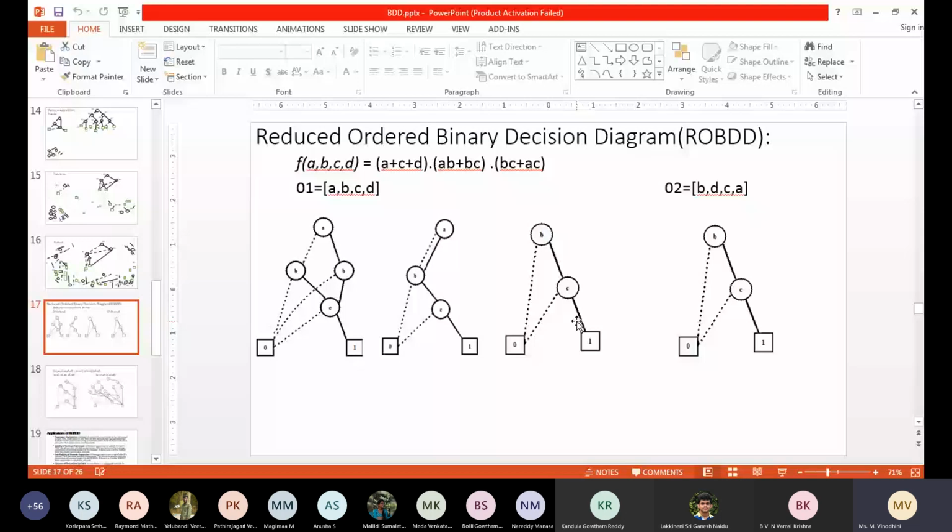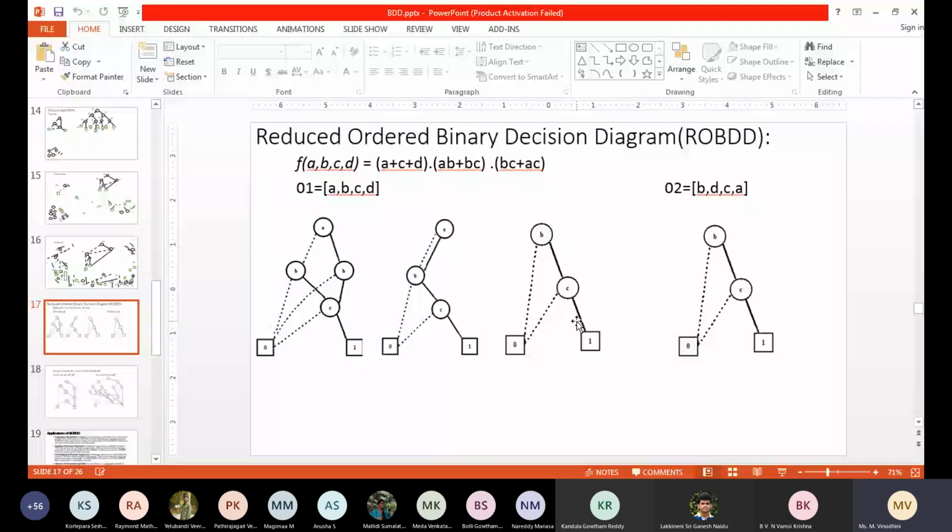Ordered in the sense, as I've already told you, when a function is given with A, B, C, D, I asked you to start with A, then go with B, then C, then D. If it is X, Y, Z, I told you to start with X, then Y, and Z. If it is X1, X2, X3, start with X1, X2, X3. When you follow this, your final binary decision diagram is in ordered form.